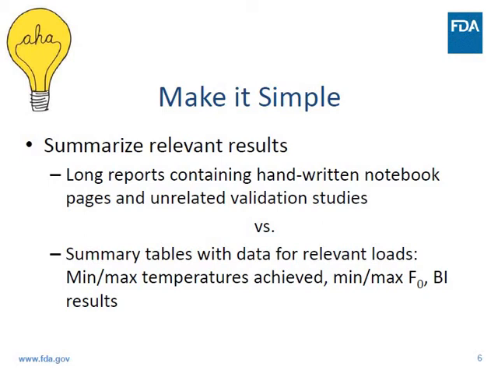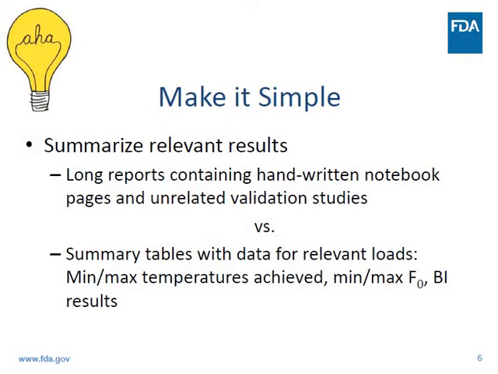So once we understand the validation strategy, we then need to make a determination that the validation data is acceptable. So if the relevant data is difficult to find, this makes the assessment more difficult. Sometimes, for example, we see very long reports containing difficult to read, handwritten notebook pages, and unrelated validation studies.